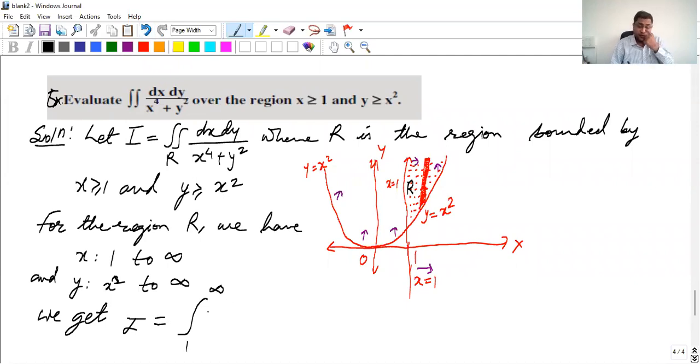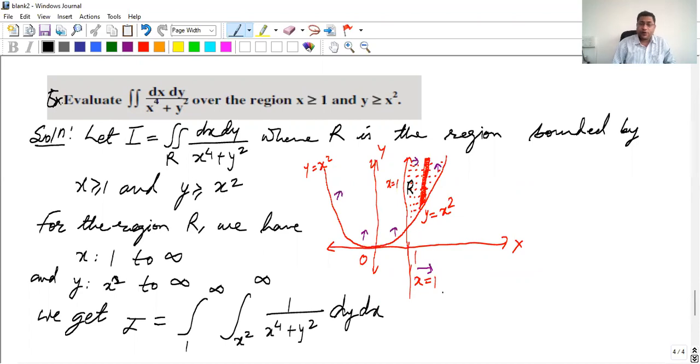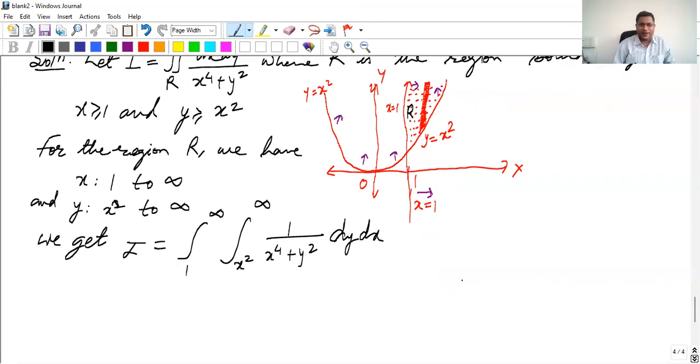The constant limits are always written first. So 1 to infinity, then x square to infinity, of 1 upon x raised to 4 plus y square, dy dx.